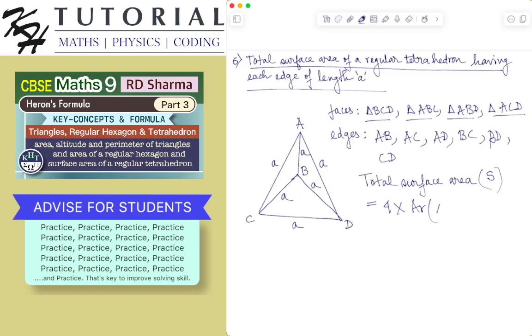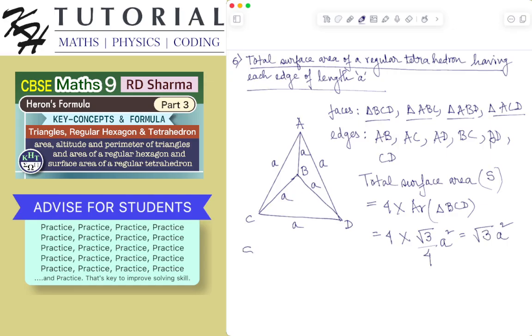So let's say area of triangle BCD. This is 4 times multiplied by the area of each of the faces, which are equilateral triangles having side A, which is square root of 3 divided by 4 A square. This is equal to square root of 3 multiplied by A square.